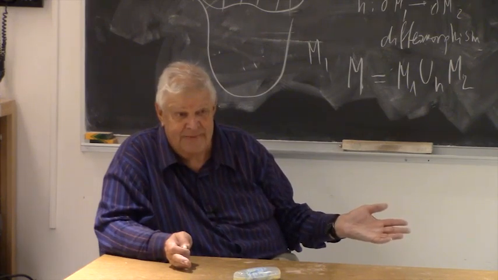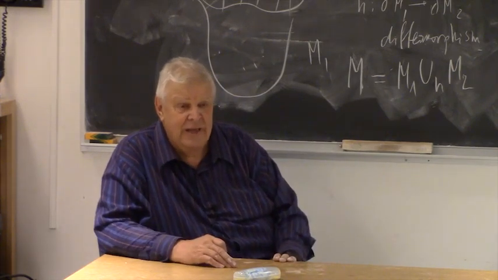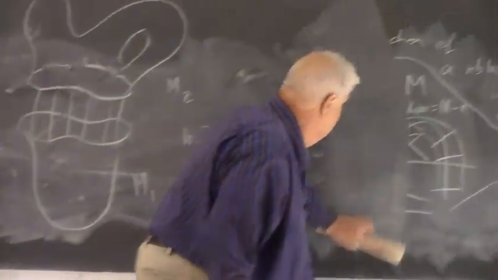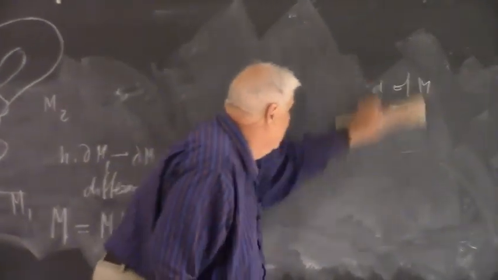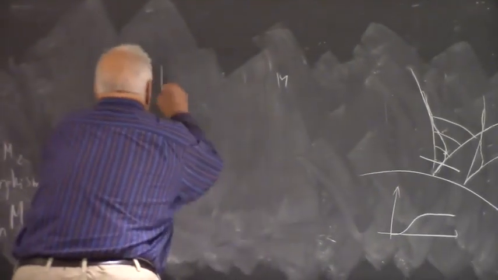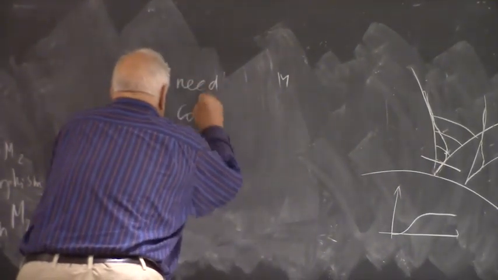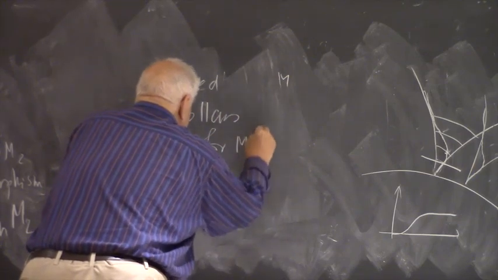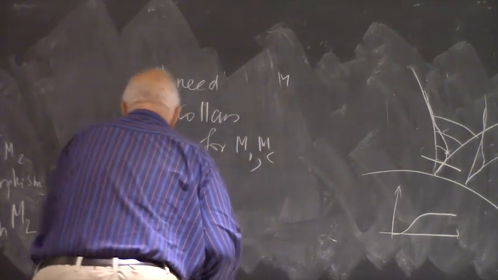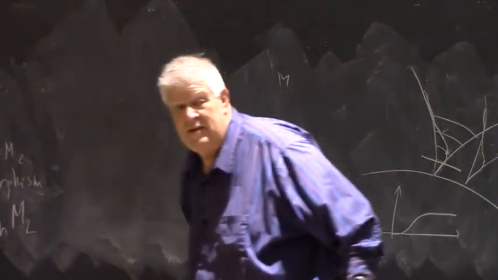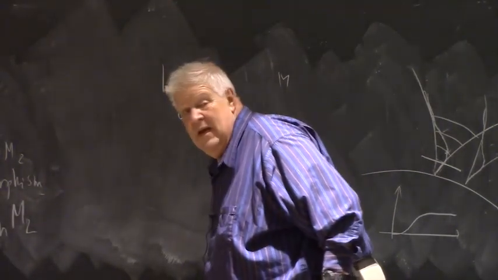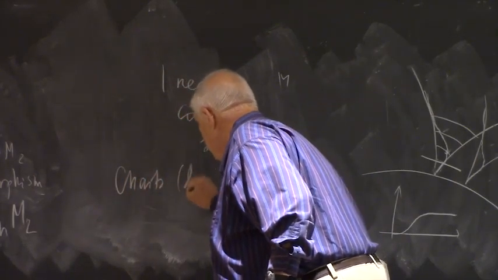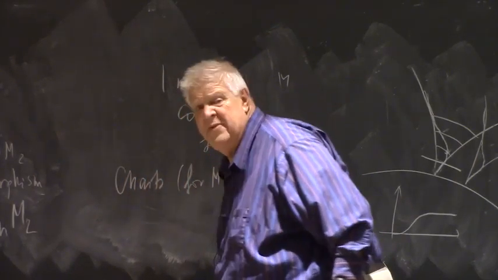What else? So the atlas of M. To define it, I need colors for both M1 and M2. And the charts for M will be the following.